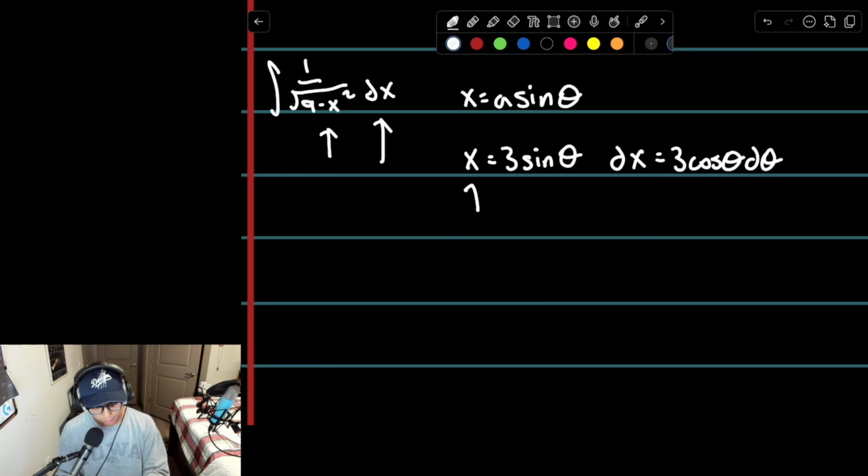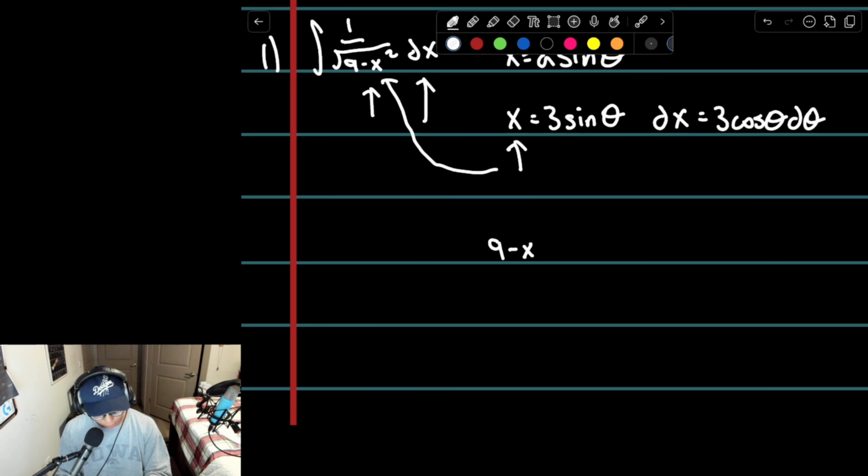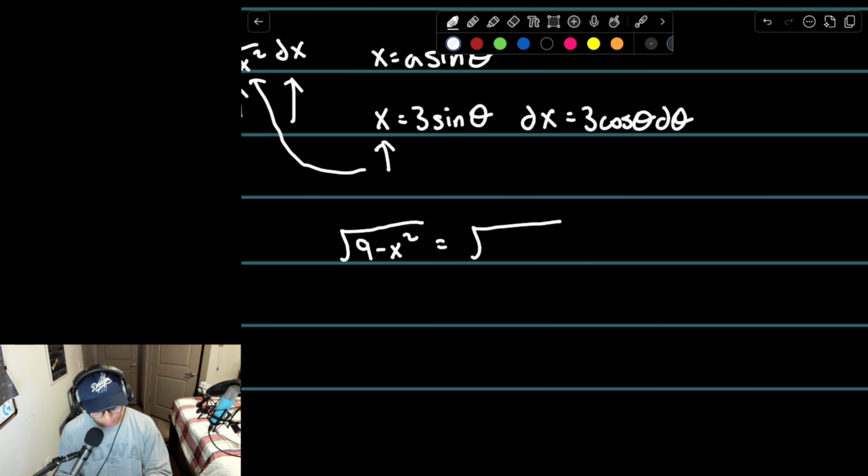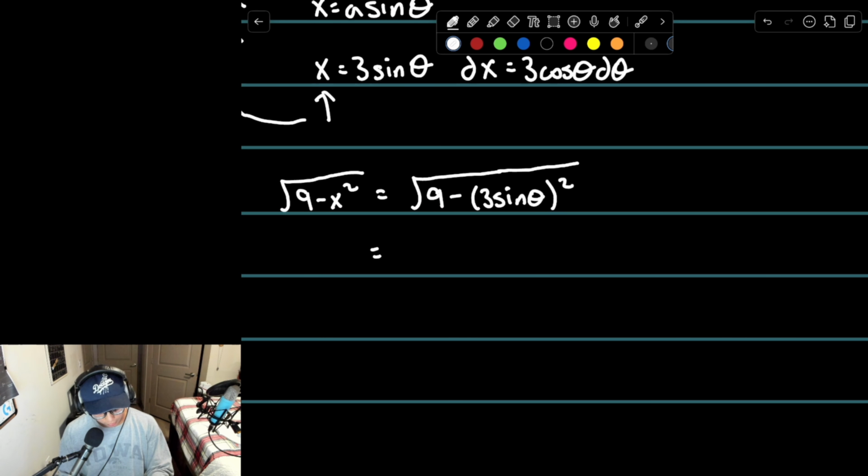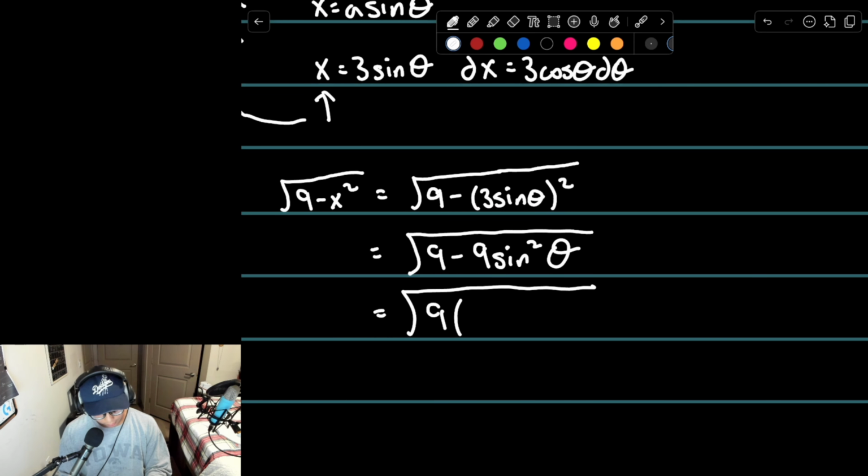Well, since we're already given x, we could substitute that into the denominator over here. So let's do that. The square root of 9 minus x squared becomes the square root of 9 minus 3 sine theta squared. Let me lengthen this square root, which can then become 9 minus 9 sine squared theta, which we could factor out a 9 and get the square root of 9 times 1 minus sine squared theta.